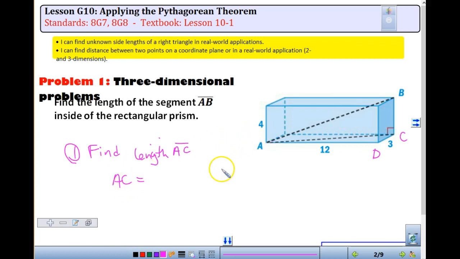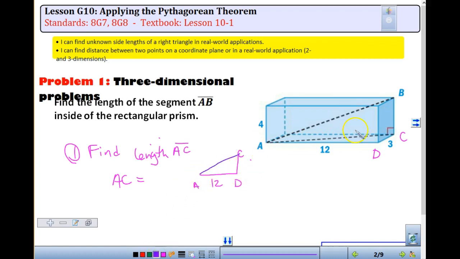So if I look at the length from A to C, first thing I notice is that I go from A to D and I go to C going back. What is the length from A to D? 12. And I am trying to find this length from A to C, right?